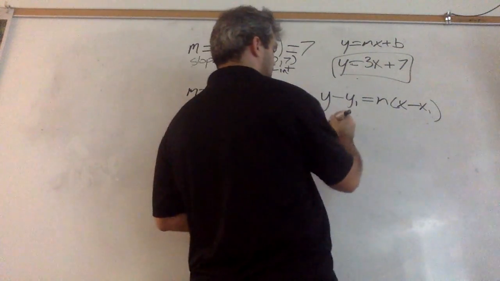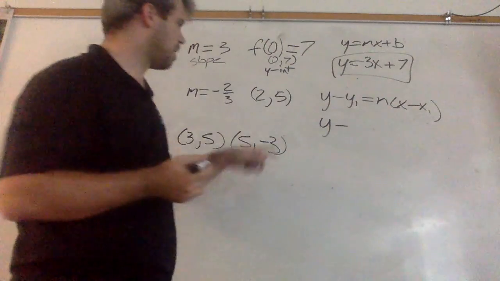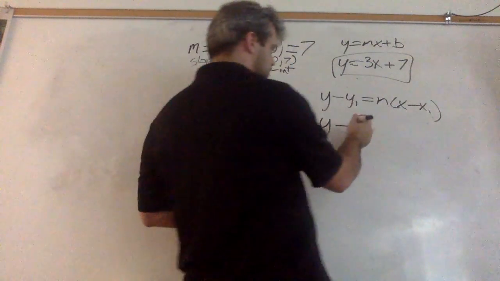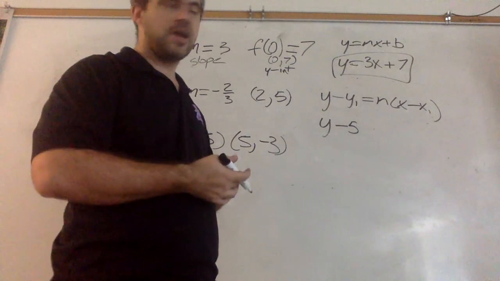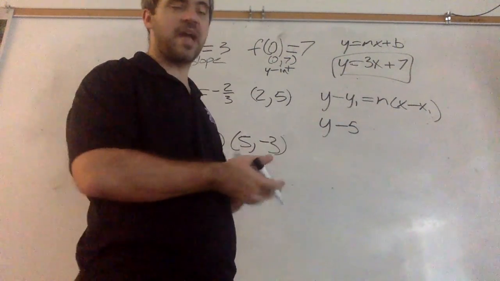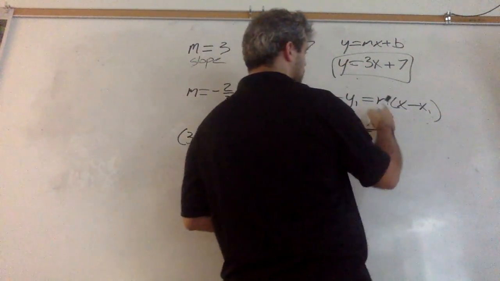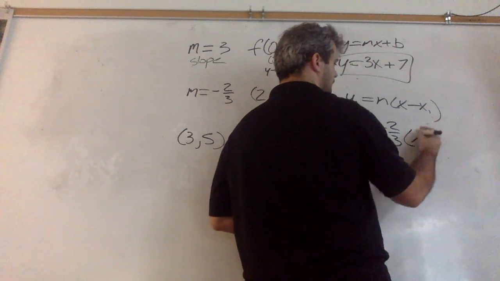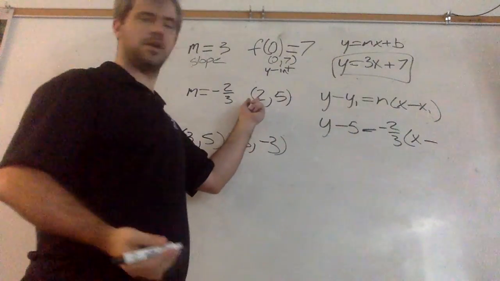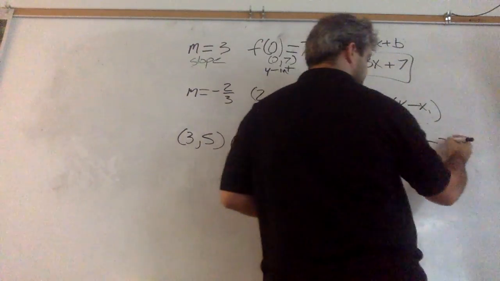So we fill in the y from our point, which is 5. You'll notice we don't fill in this y, okay? That's supposed to stay a variable. Equals m, which is negative 2/3, times (x minus our x, which is 2).